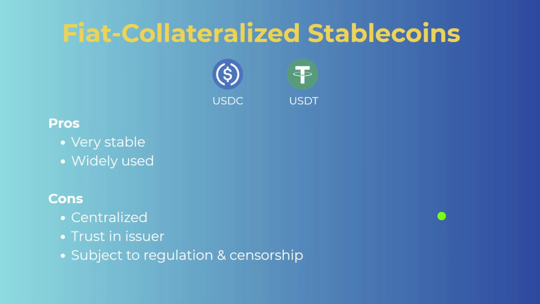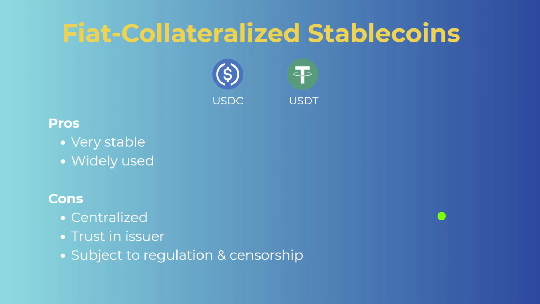And they are centralized because there is a central authority that we have to trust in order to use them, and anytime the central authority can, for example, freeze our token. But this is necessary because they are subject to regulation, so they have to comply with the laws of the government in each nation.